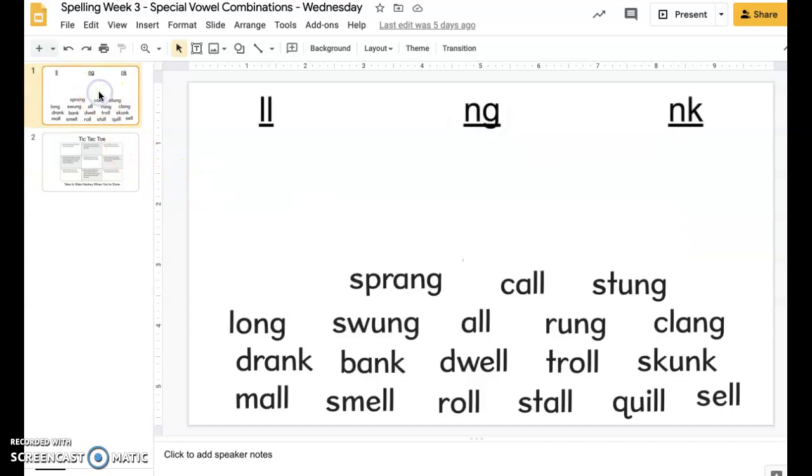Then number 6 on my tic-tac-toe board says write a sentence using 1 most common word and 1 skill word. So my most common words this week are on the board. So I could do there or where, were or are or all. And I need to use a skill word too, so let me think. Where was the bank? So one of my most common words is where, and bank is a skill word.